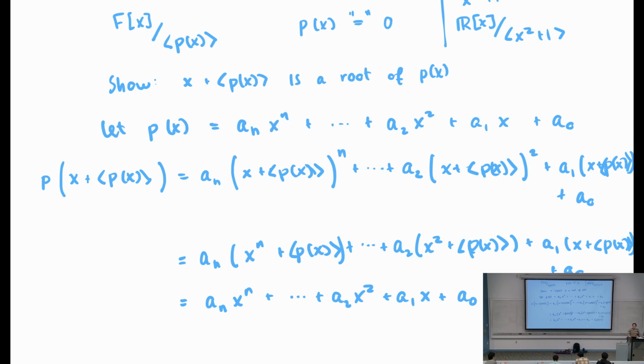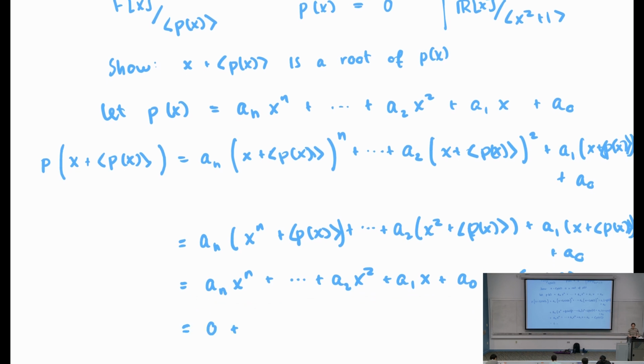Okay, does that step make sense? I kind of did more than one thing at a time. I multiplied these, and then I also added all of the cosets together. But then what do we have? This is px, so it just gets absorbed into this ideal.